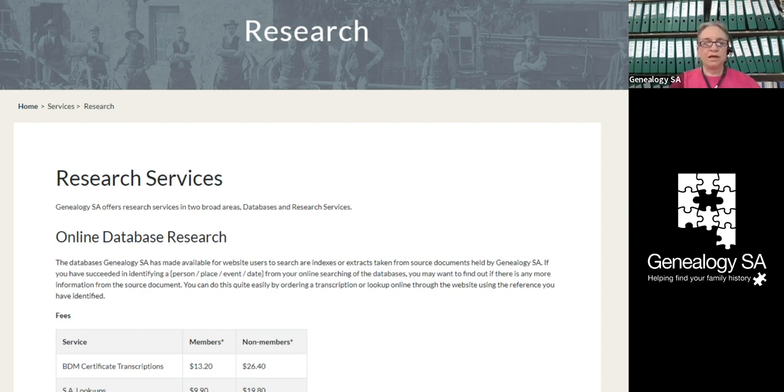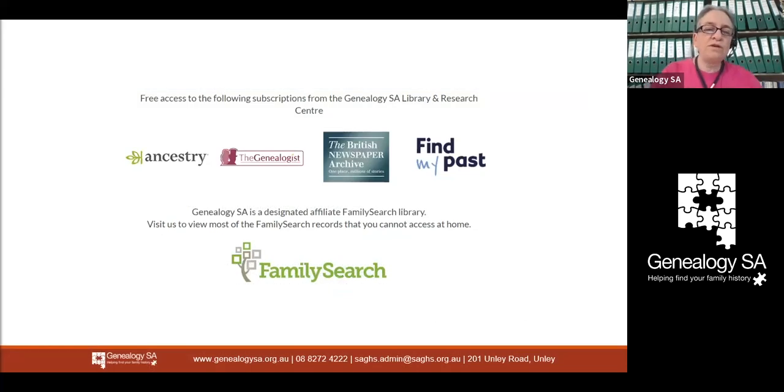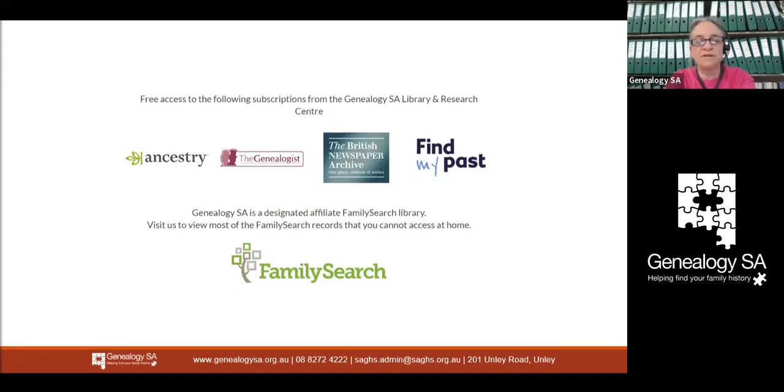Now, when you come to the library, there are a plethora of different websites that you've got access to. I find them great for when you're starting out researching things. You can go and look on these websites and it's like being in a lolly shop. You just dig and find out all sorts of different things, and you end up down all sorts of rabbit holes. That's one of the joys of coming into the library here. You've got access to Ancestry, and that's worldwide records.